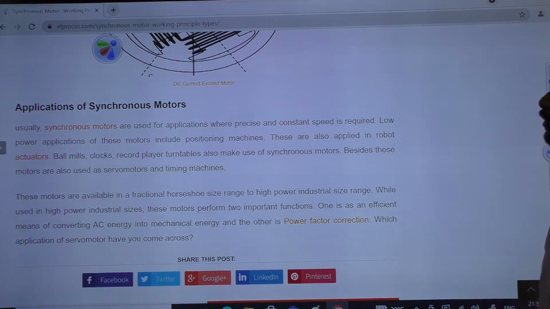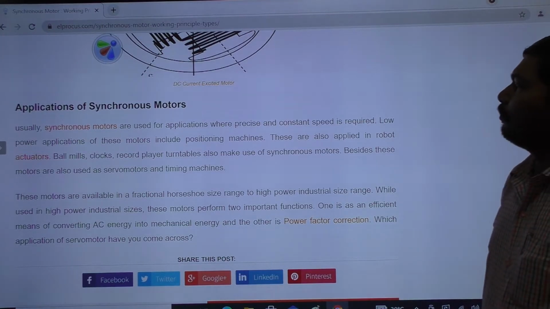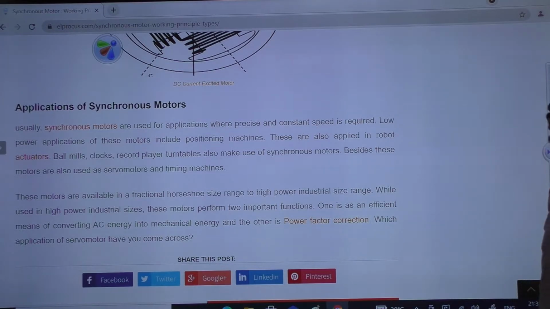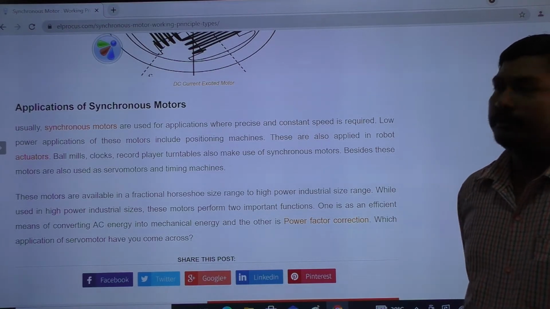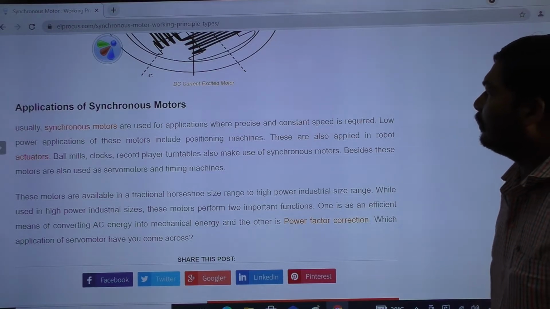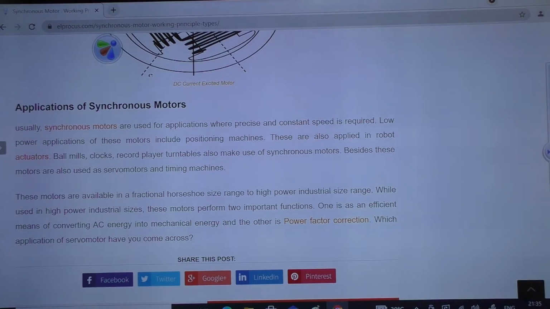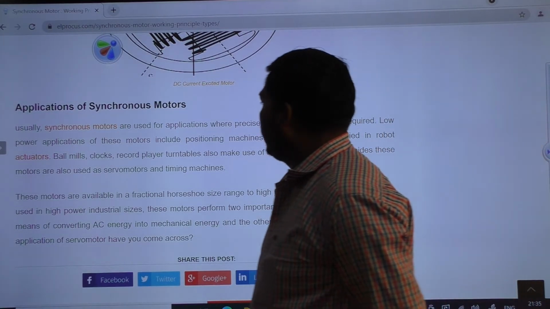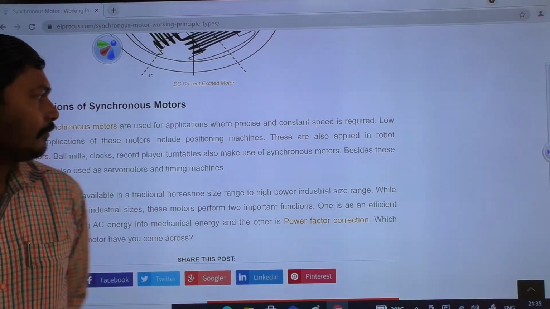Low power applications of these motors include positioning mechanisms or machines. These are also applied to robot actuators. Ball mills, clocks, record player turntables also make use of synchronous motors. Besides this, these motors are also used as servo motors and timing mechanisms.